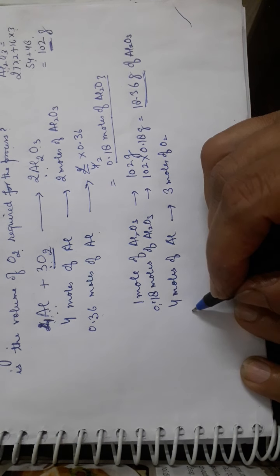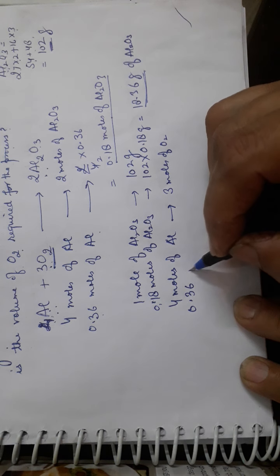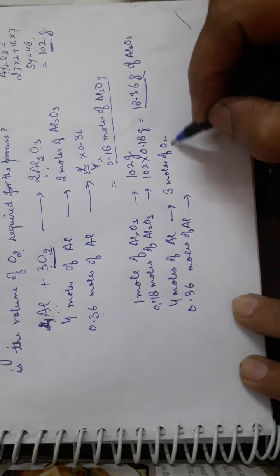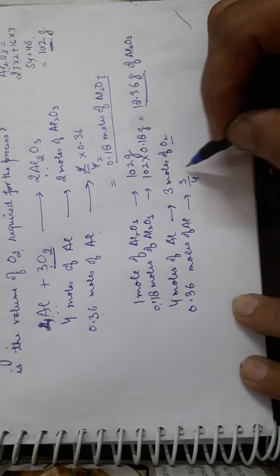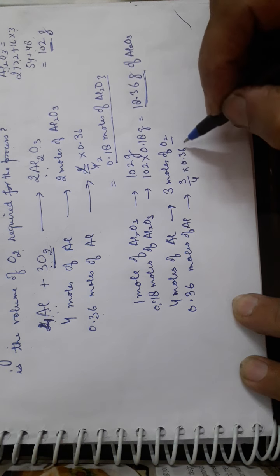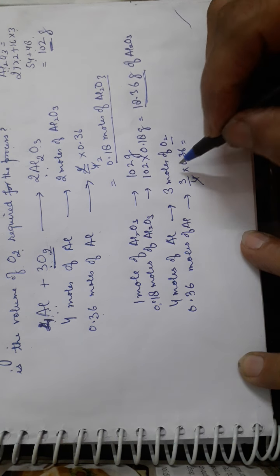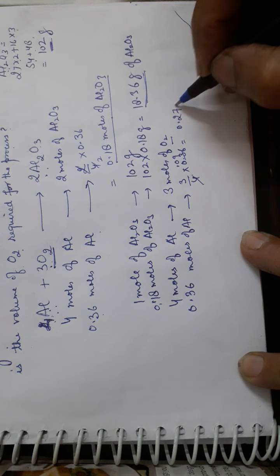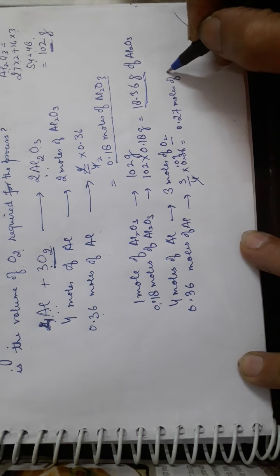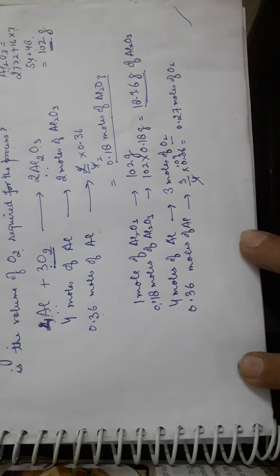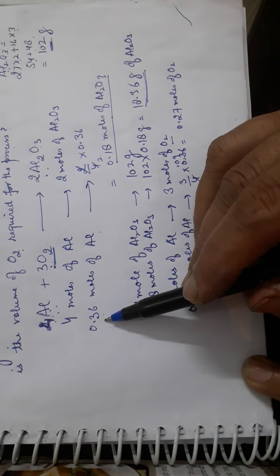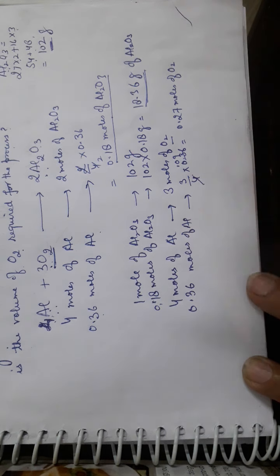Then how many moles do we have? 0.36 moles of aluminium. We require 3 upon 4 into 0.36 moles, that comes out to be 0.27 moles of oxygen. 0.27 moles of oxygen are required to completely ignite 0.36 moles of aluminium.